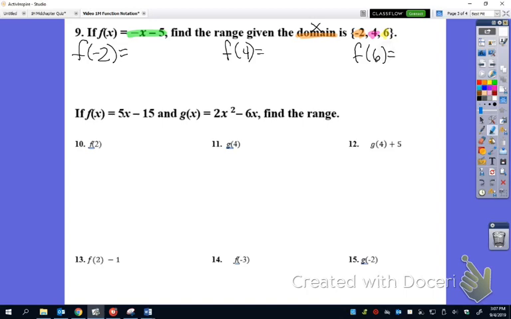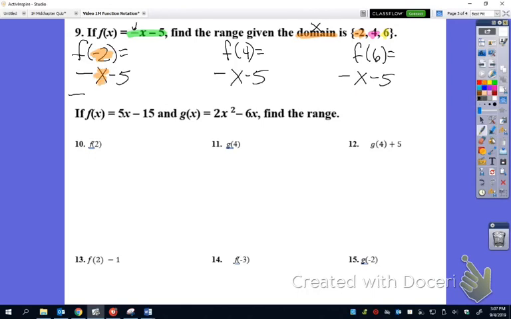First of all, I'm going to write my equation down. And I have to do that negative x minus 5. Now you have to include that negative right there. So negative x minus 5, negative x minus 5. On the first one, the negative 2 goes in place of the x. Now I have to bring down that negative.